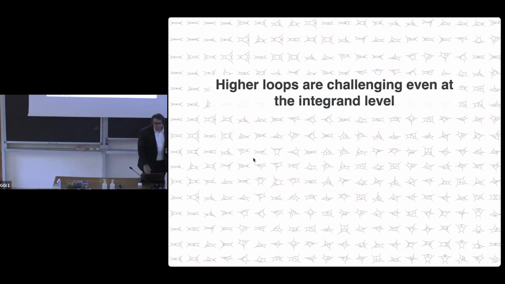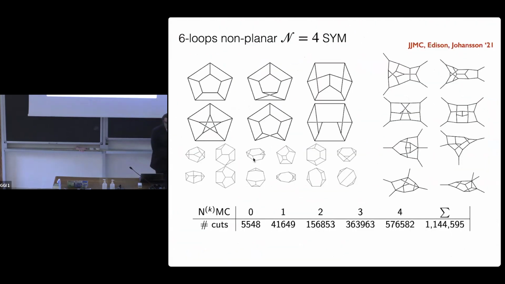So, higher loops are challenging even at the integrand level. And I think one of the most recent times I ran into this is a few years ago when Alex and Henrik and I went after n equals 4 super Yang-Mills at 6 loops.